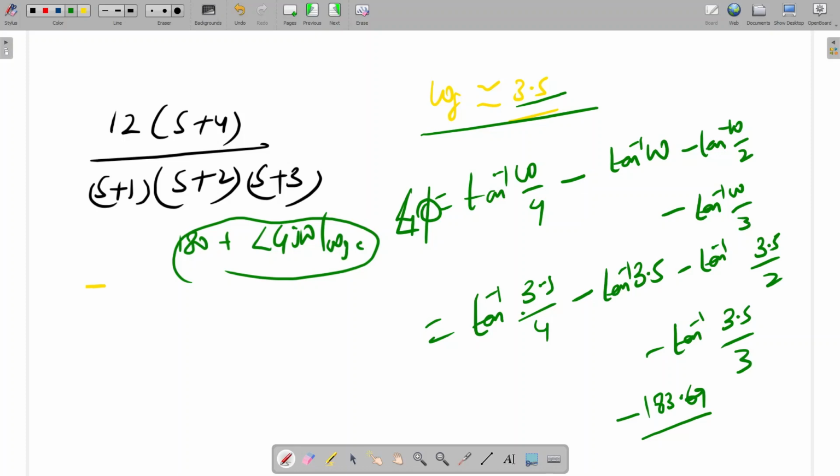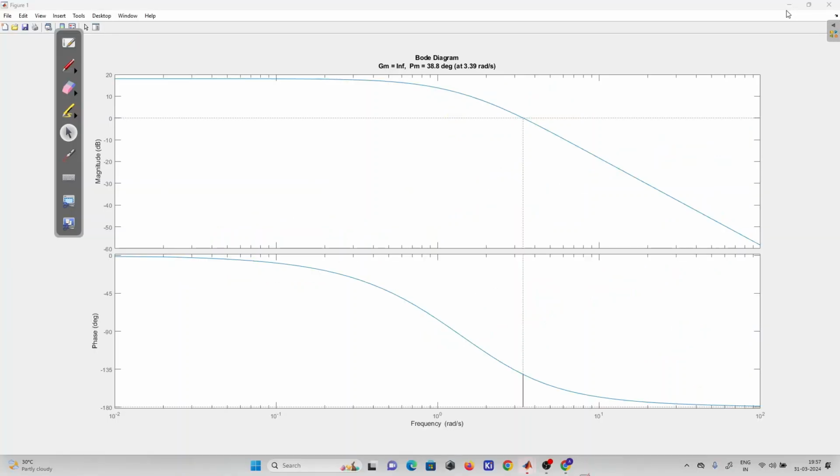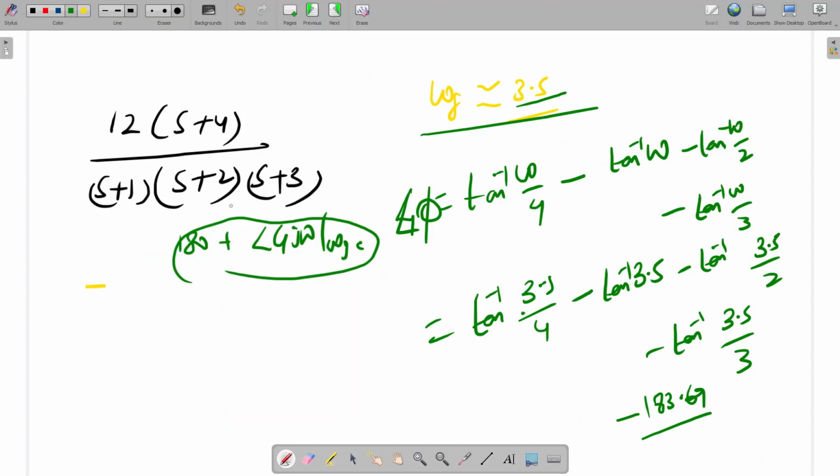A mistake is there. We'll see the MATLAB answer. 38.8 we should get, na? 38.8 is the final answer, so the angle should come to less than minus 180, correct? Any mistake in this one? Anyone rectify? The transfer function is 12 times s plus 4 divided by s plus 1, s plus 2, s plus 3, giving omega, omega by 2, omega by 3, then omega by 4.